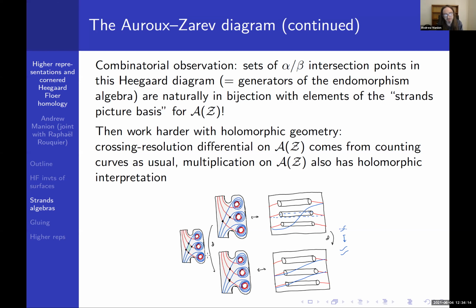And on the strands side, there's only one crossing resolution differential like this that I'm going to have. So it's easy to see that these are the right ones. In general, there's a very natural identification of these things, and then, doing work, you can show that the differential and the multiplication on the strands side agree with the ones you would get on the holomorphic side, so that this strands algebra really does describe the endomorphism algebra.